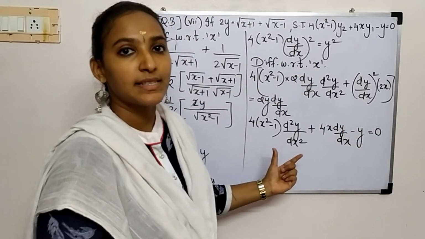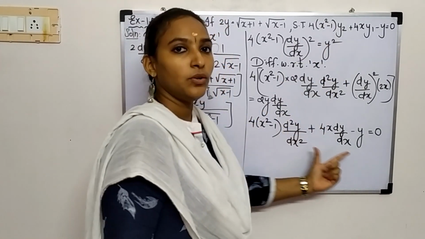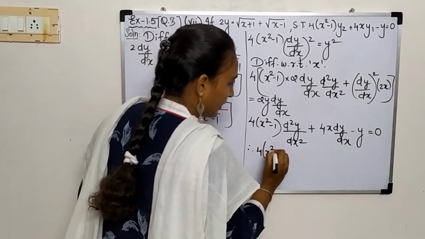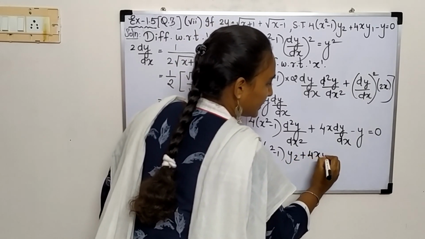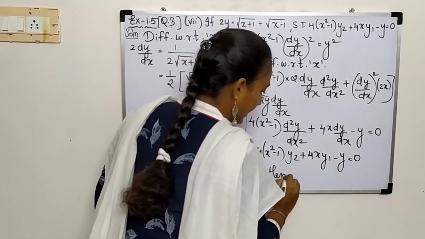But we require the answer in terms of y2 and y1. So convert this. Therefore 4 x square minus 1 y2 plus 4x y1 minus y equal to 0, hence show.